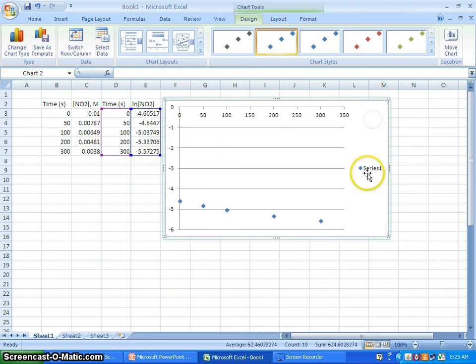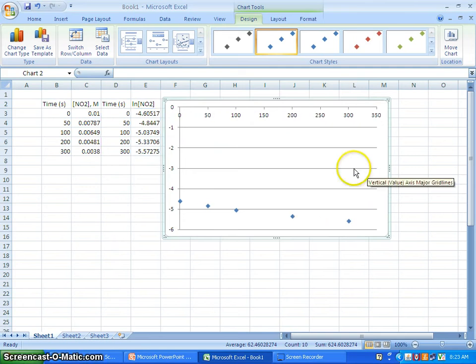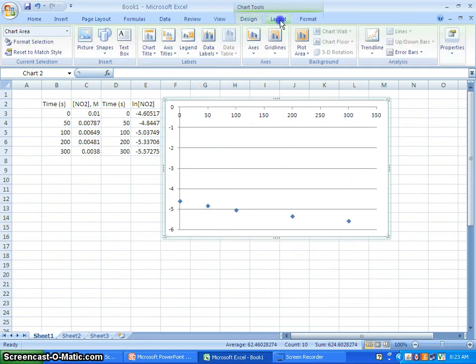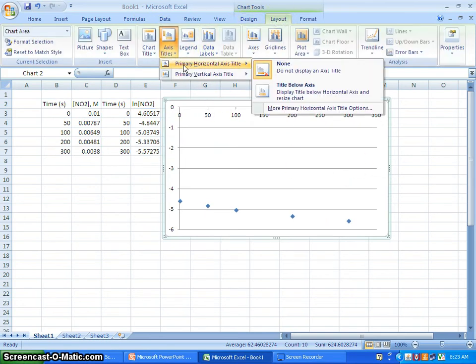Okay, again, while I'm making this graph, the series box doesn't tell me anything. Go to layout and add my titles and my axes titles.